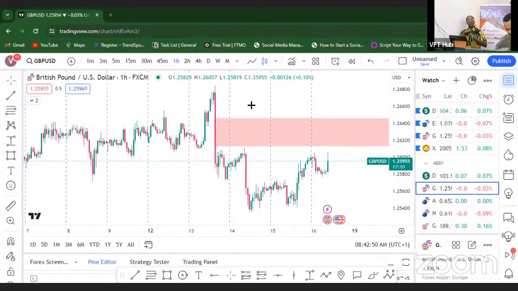What's your bias on the GU and EU and dollar? Okay, good morning, everyone. Seeing that we're about to end the week, for GU, I think just like you said, it may buy a little up.